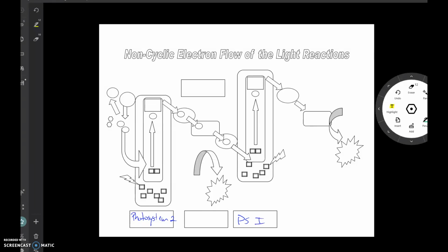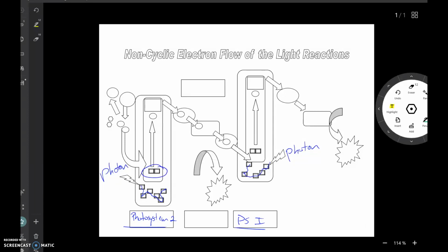What's happening is we have simultaneous photons striking each of those light reaction centers, whether it's in photosystem 2 or photosystem 1. As the photons are striking the various accessory pigments, they're exciting the electrons in those pigments.